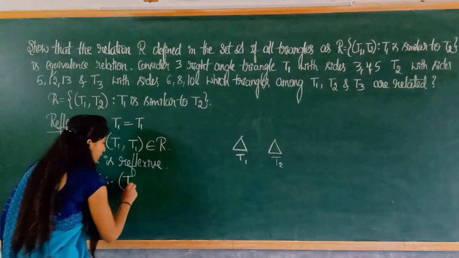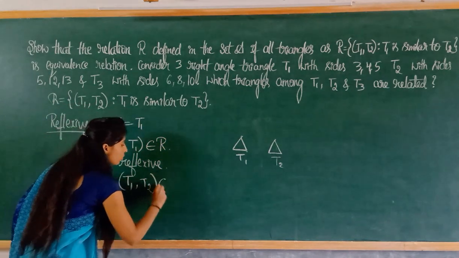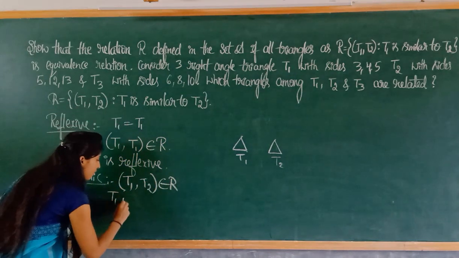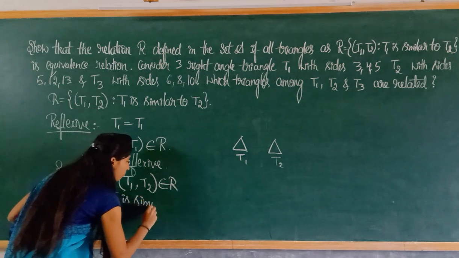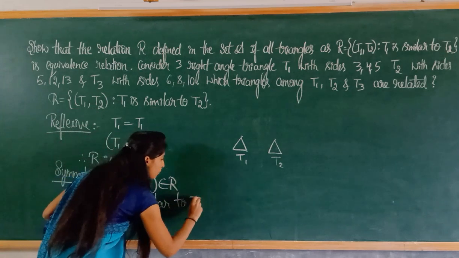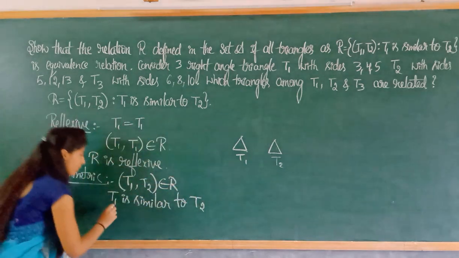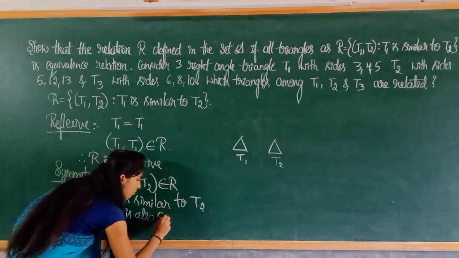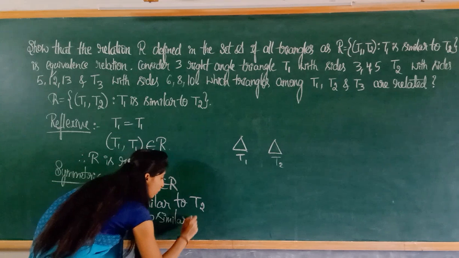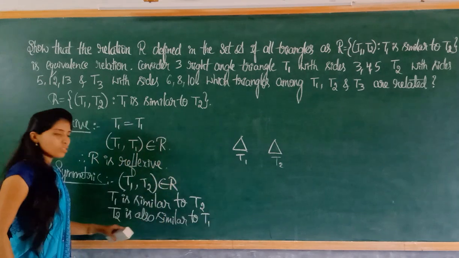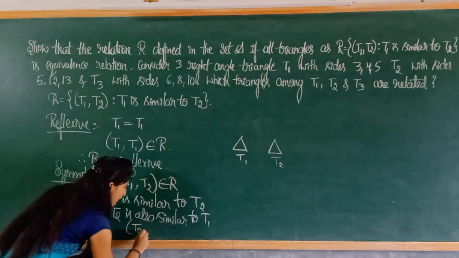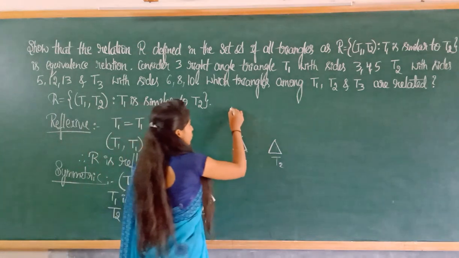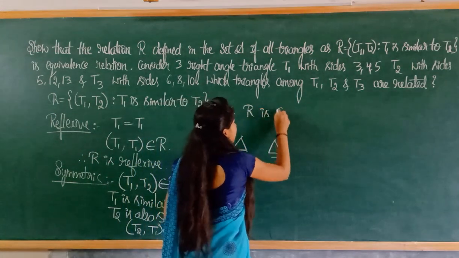So (T1, T2) belongs to R, meaning T1 is similar to T2, and of course T2 is also similar to T1, that is (T2, T1) belongs to R. Therefore R is symmetric.